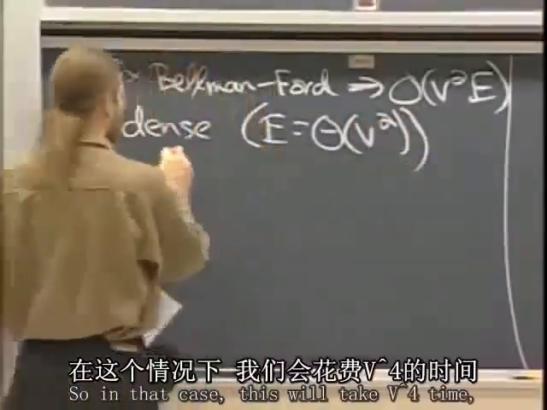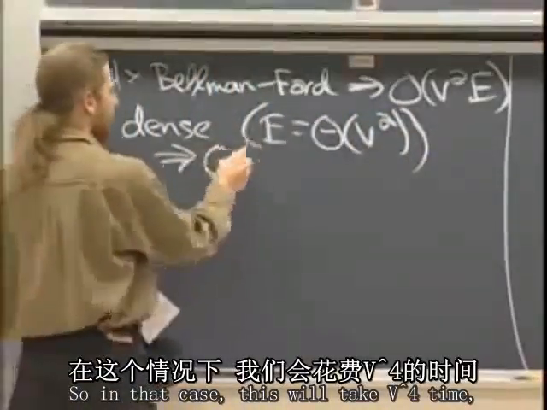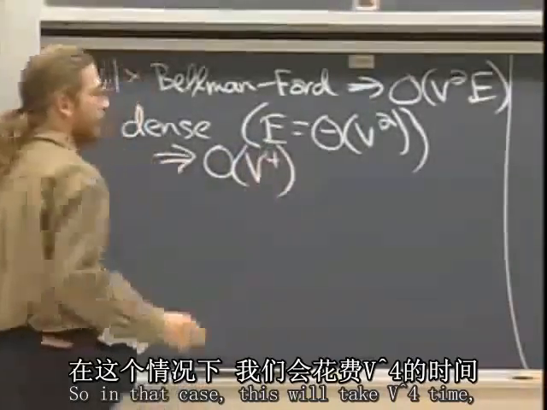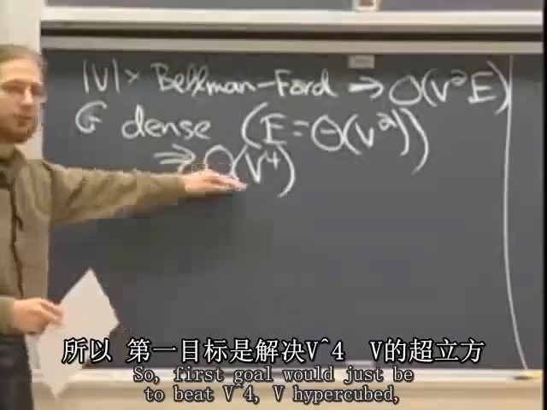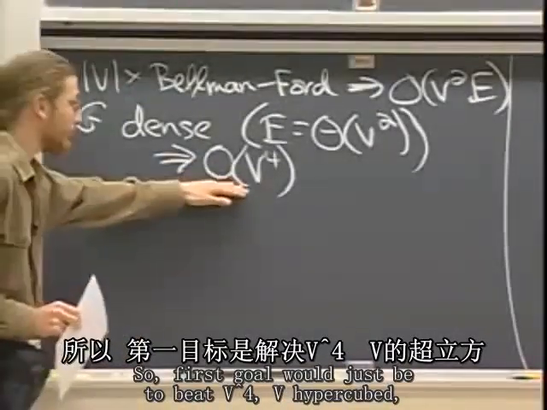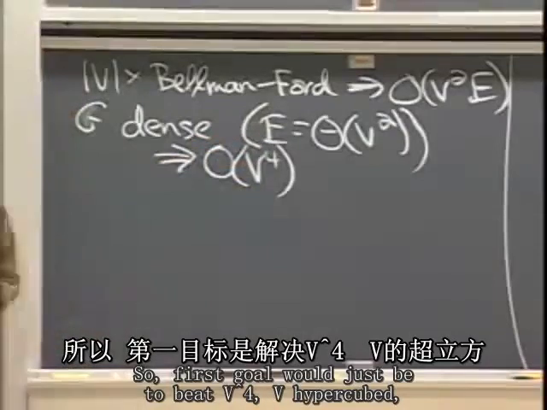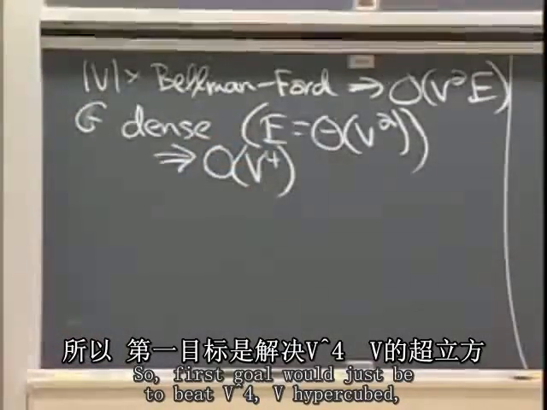So in that case, this will take V to the fourth time, which is pretty slow. We'd like to do better. So first goal will just be to beat V to the fourth. V hypercubed, I guess.